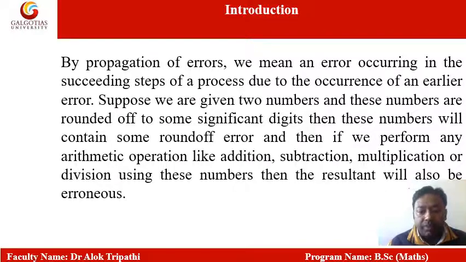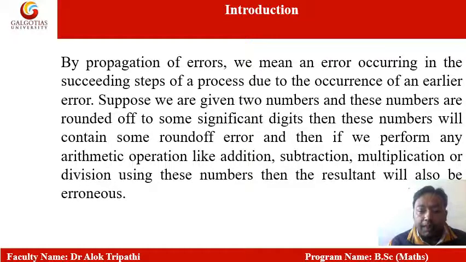8.45 and another number 7.31. Now if we round off these numbers to one decimal place, it means 8.45 will be converted into 8.4 and 7.31 will be converted into 7.3.